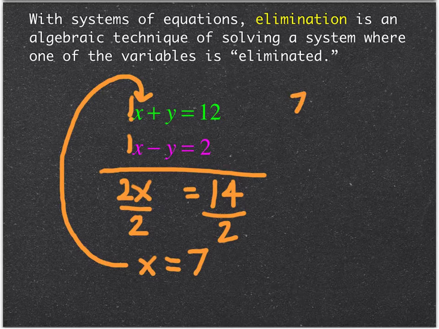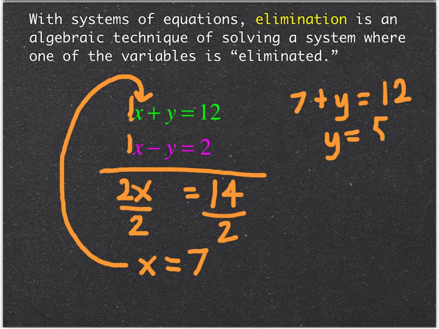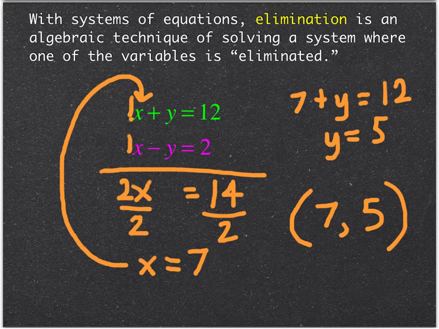So then I have 7 plus y equals 12, and you can just figure out what that is easily enough. y is going to equal 5. So once again, as is customary with these systems of equations, your answer will be an ordered pair. In this case, (7, 5). So that's a pretty basic example.